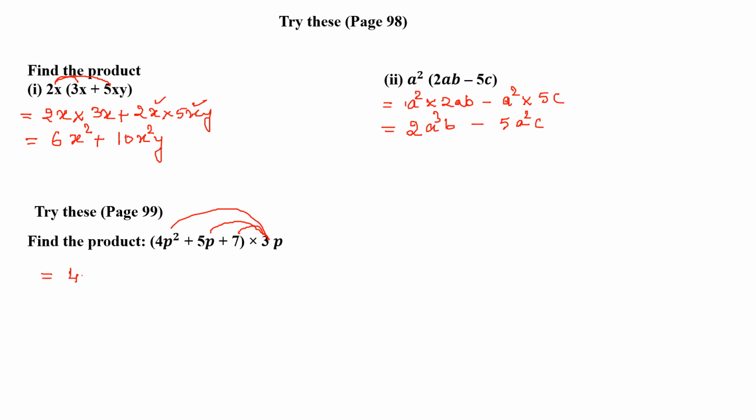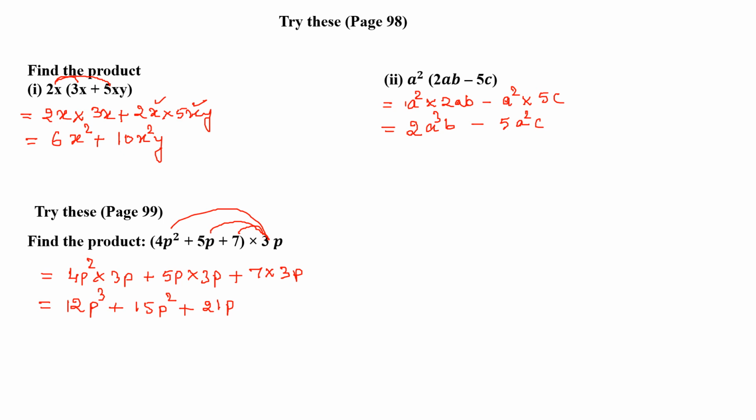So 4p square multiplied by 3p plus 5p multiplied by 3p plus 7 multiplied by 3p. So 4 into 3 will give me 12, p square into p will give me p cube, plus 5 into 3 will give me 15, p into p is p square, plus 7 into 3 is 21p. So this is the product.